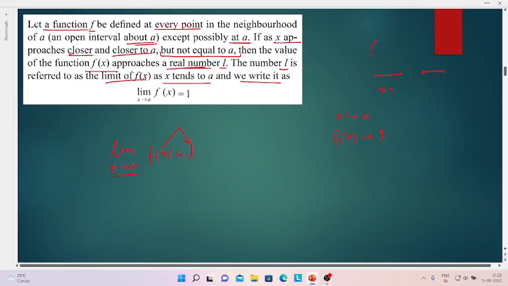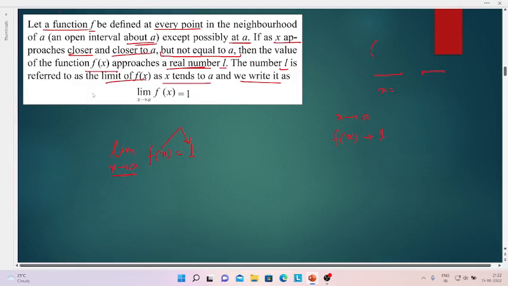So again, let me read the definition of the limit. Let a function f be defined at every point in the neighborhood of a, which is an open interval about a, except possibly at a.